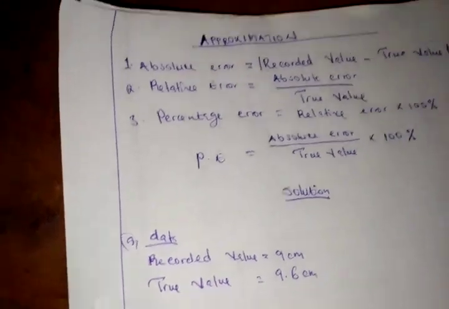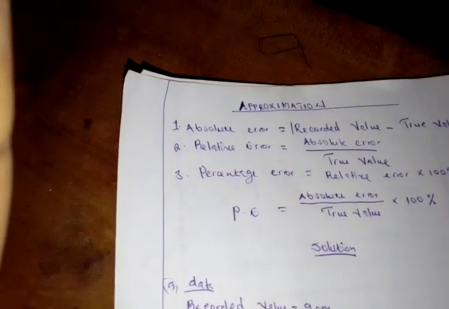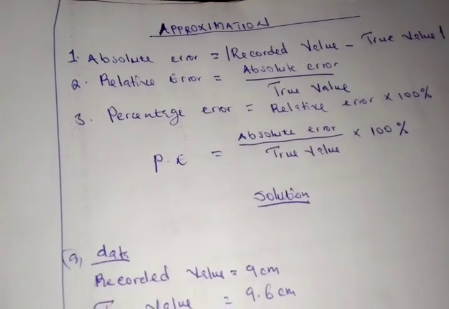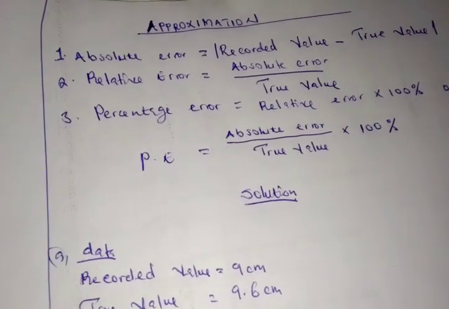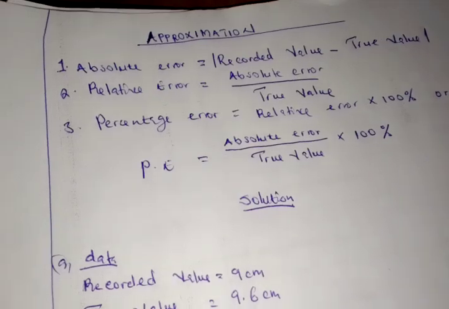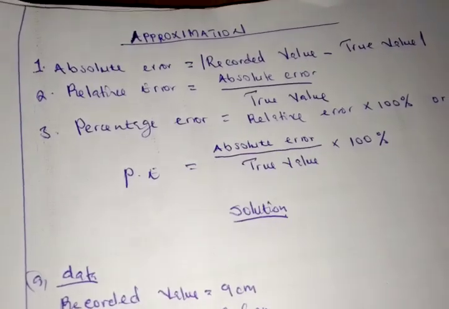The question is, find Misozi's absolute error. To find the absolute error, we know the formula is this one here: recorded value minus true value in modulus.